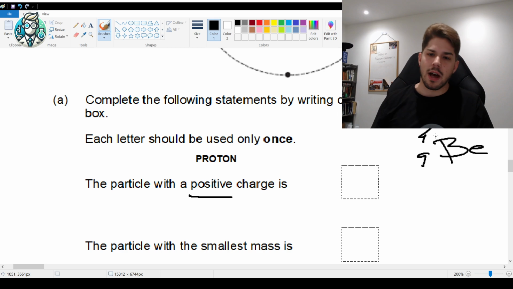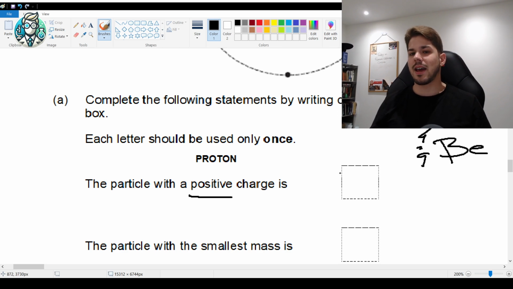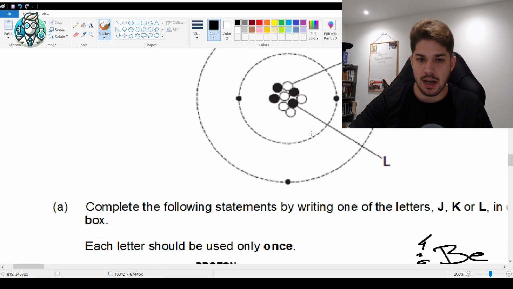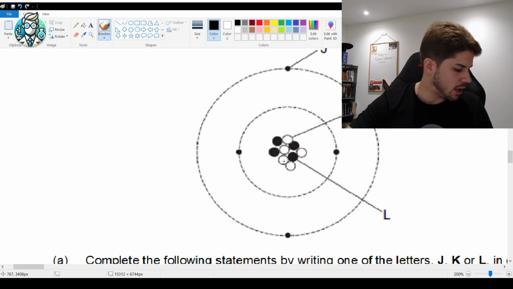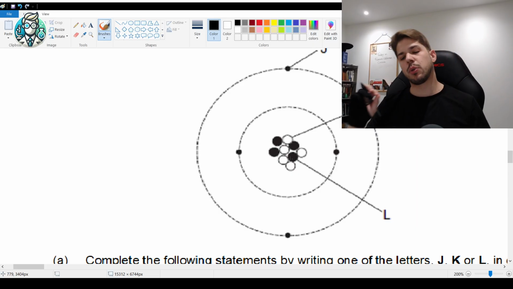What is the meaning of that? That 4, which is the atomic number, is telling us the amount of protons. So if you look at the diagram again, which one is the one that has 4? 1, 2, 3, 4. You see? If you look at the atom and the letter L, we have 4 of those in the nucleus. Remember that the proton can be found in the nucleus.